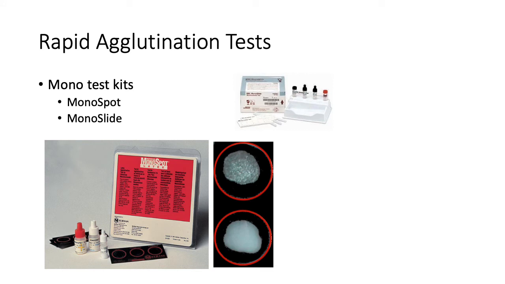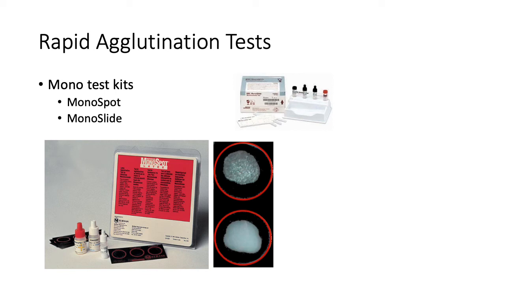The monospot test uses latex agglutination and is not recommended for general use. The antibodies detected by monospot can be caused by conditions other than infectious mononucleosis. Moreover, studies have shown that the monospot produces both false positive and false negative results.